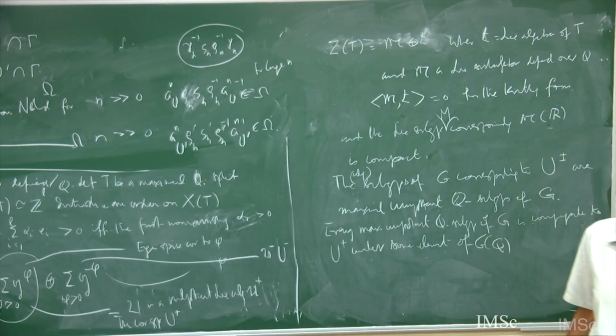GQ acts transitively on the set of all maximal unipotent subgroups.